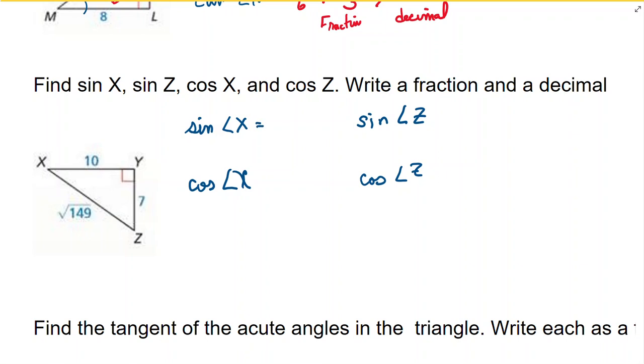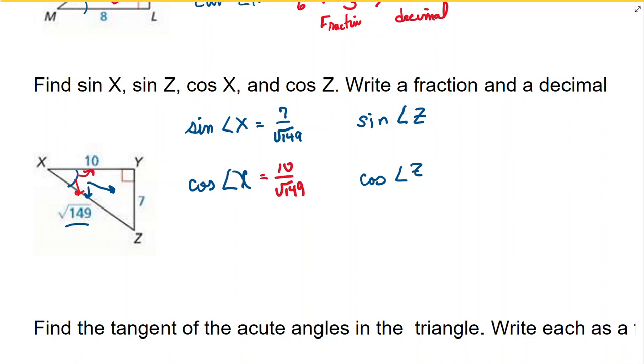So let's start with angle X. Sine is opposite over the hypotenuse: 7 over the square root of 149. And cosine is adjacent over hypotenuse, so that would be 10 over the square root of 149.